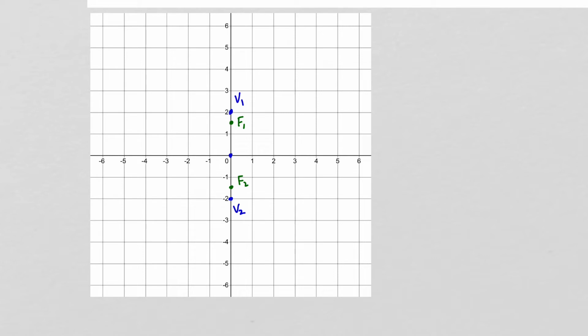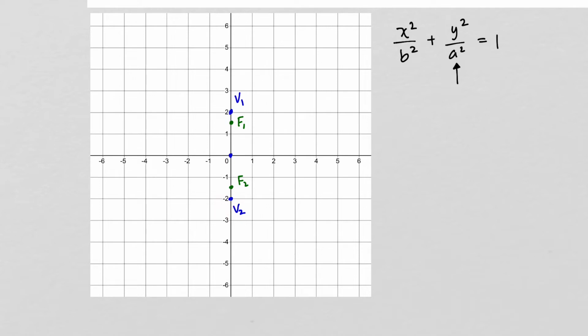So really what we need to know is the length of the minor axis. We need to know the value of b. So remember, we have a relationship between a, b, and c. For this particular ellipse, it is going to be x squared over b squared plus y squared over a squared is equal to 1. And we know that a is the larger number, and that is under y because our major axis is on the y-axis.